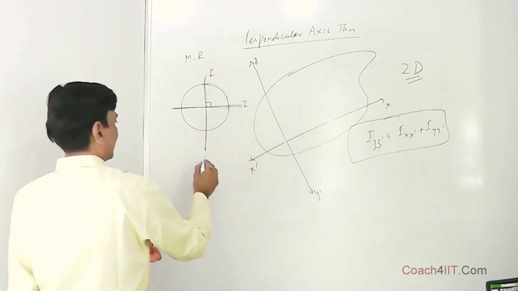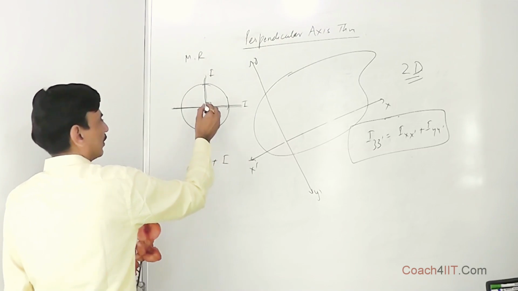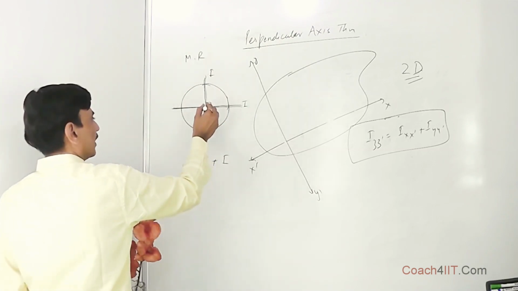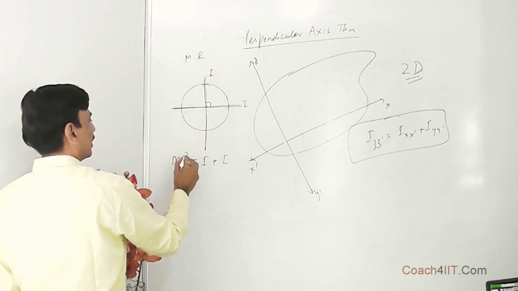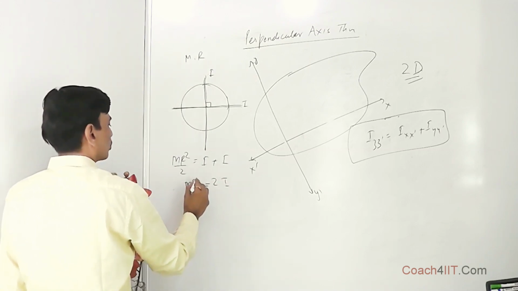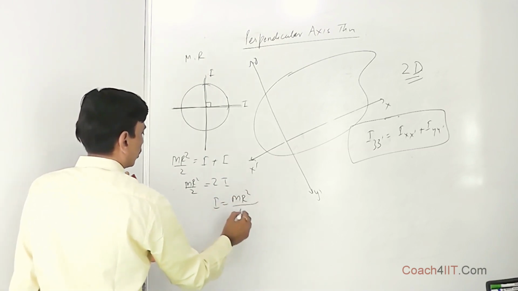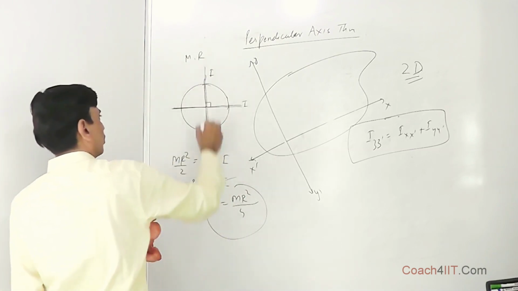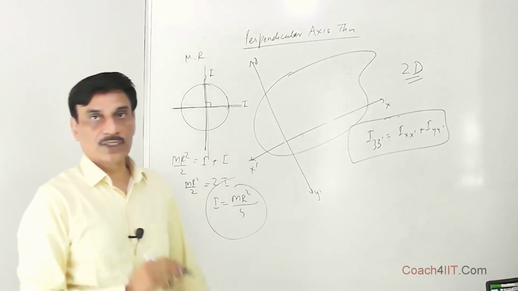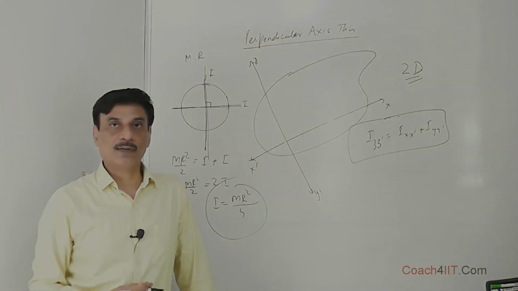So I x dash, which is I, plus I y dash, which is I, is equal to the moment of inertia about the z axis. What is the moment of inertia about the z axis? That is m r square by 2. We have done it. So 2I is equal to m r square by 2. So I comes out to be m r square by 4. That is, the moment of inertia of this disk about any diameter is going to be m r square by 4. So this way you can use the perpendicular axis theorem.